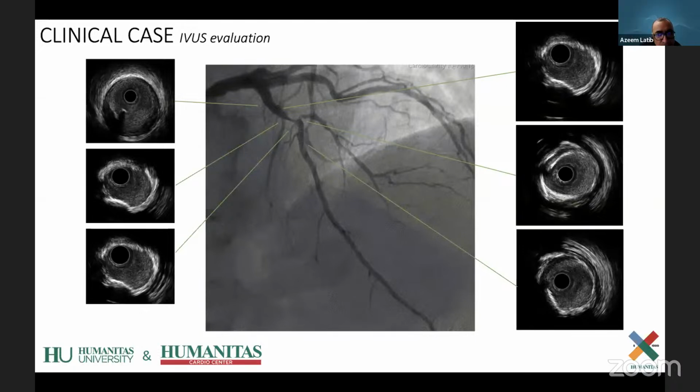Saul? Hi, good morning. Yes, so looking at the IVUS, you can see that you have severe calcification. You almost have, I would say, 90% of the vessel wall covered by calcium, and it correlates with what you see on angiography. You will need to do some calcium modification before putting any stents in this lesion. Okay.